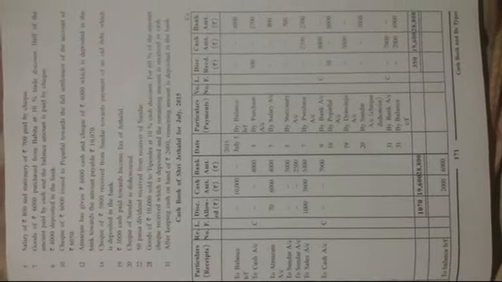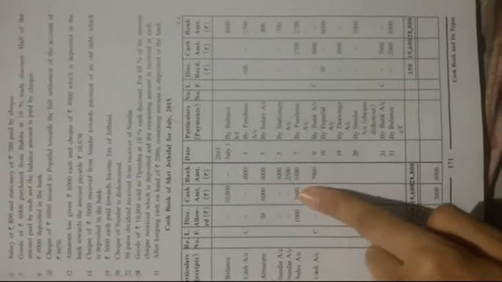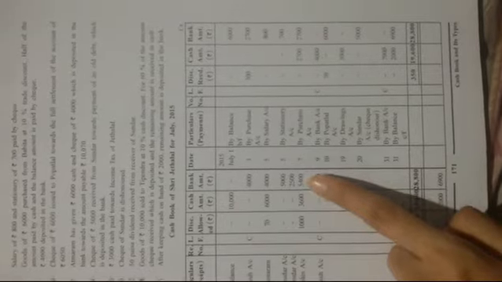Then if you minus 1,000 out of 10,000, you will get 9,000. So out of 9,000, 60%. So calculate 9,000 into 60%. You will get 5,400.